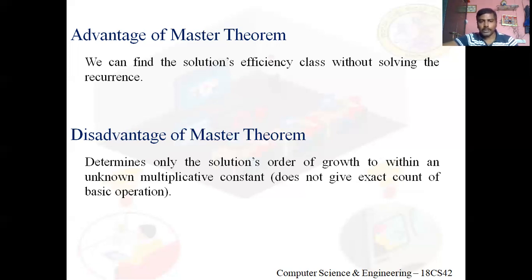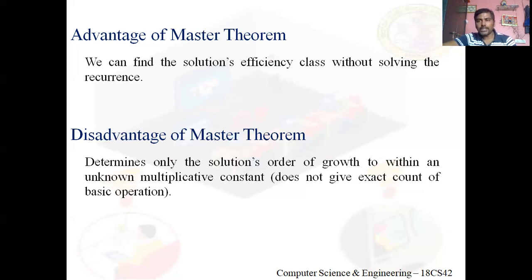After solving, I was getting the exact basic operation count. Then I used to see to which efficiency class that exact basic operation count belonged, and then I used to represent its order of growth.